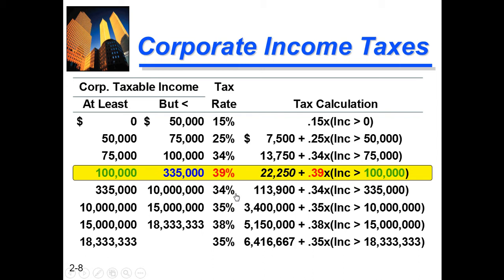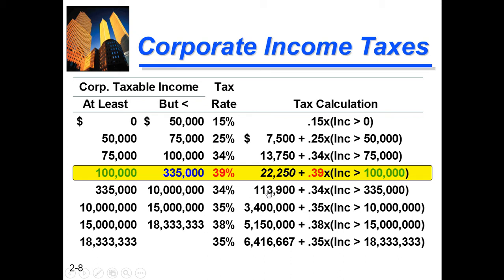Then if our income, or taxable income or profit, increases from 3 lakh 35,000 to 10 lakhs or 100 lakhs, we will pay 34% tax. Why? Because our fixed amount has increased to 1,13,900.